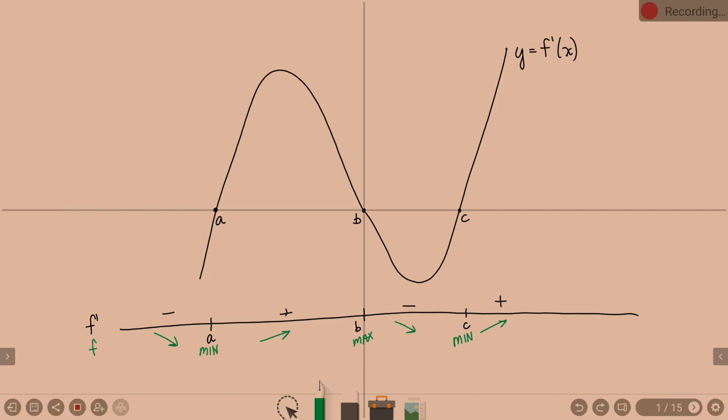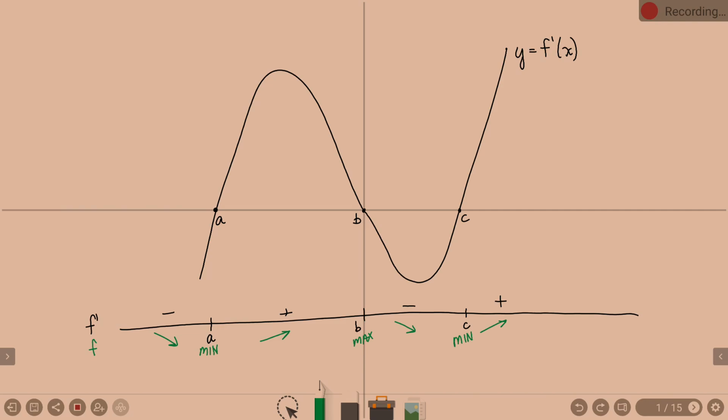Okay. Now, I'm trying to think, do we have enough information? I'm almost ready to graph my original graph.